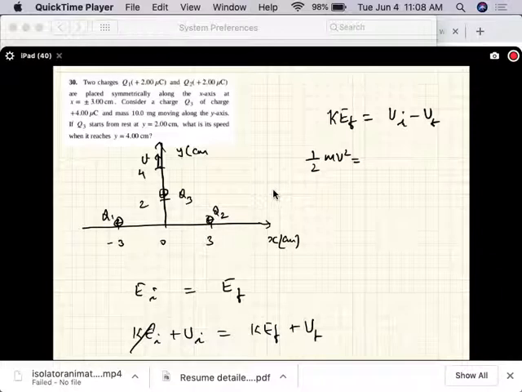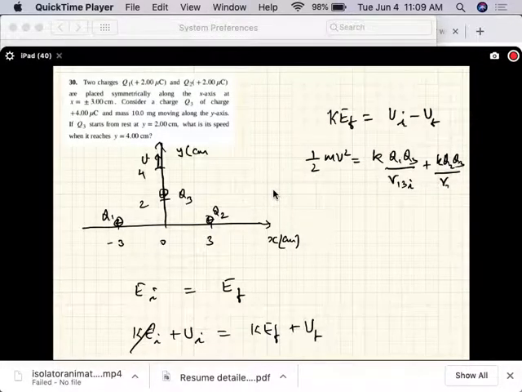So the subscript should be K Q1 Q3 over R13 initial plus K Q2 Q3 over R23 initial. The subscript should be self-explanatory. You guys understand? Minus K Q1 Q3 over R13 final, plus K Q2 Q3 over R23 final.